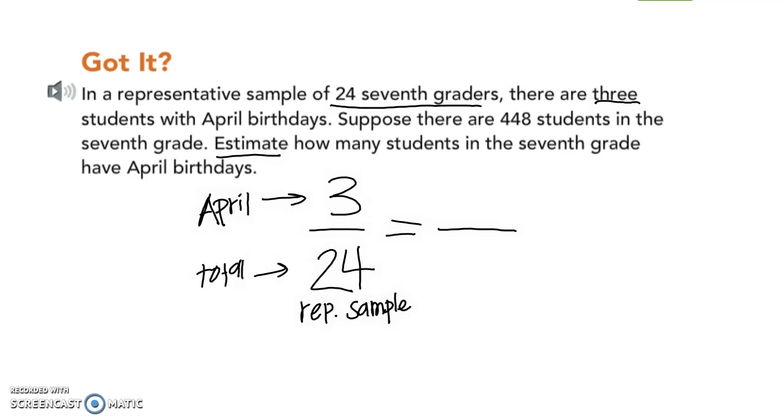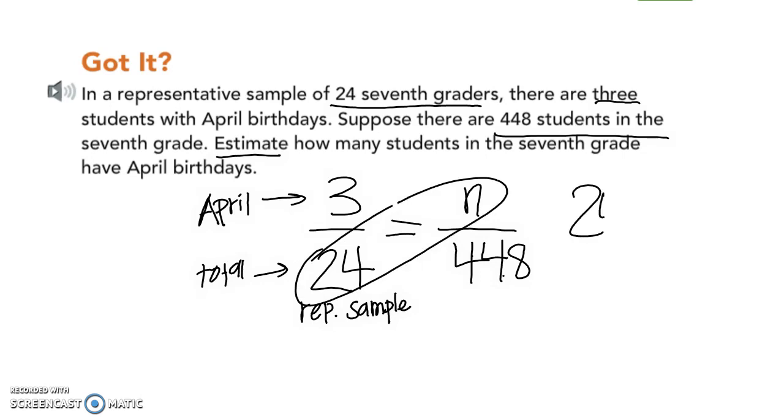Do this with me in your notes, by the way. I don't think I said that, but I want you to do this example with me. Alright, then they tell us there's 448 students in the 7th grade. Would that go on the top or on the bottom? If they want us to find how many of those would have April birthdays, we would put 448 on the bottom, and then n is going to be how many total people in the population have April birthdays. So then I just cross multiply.